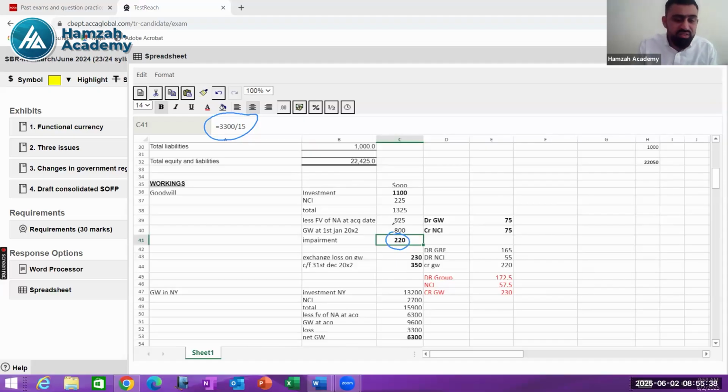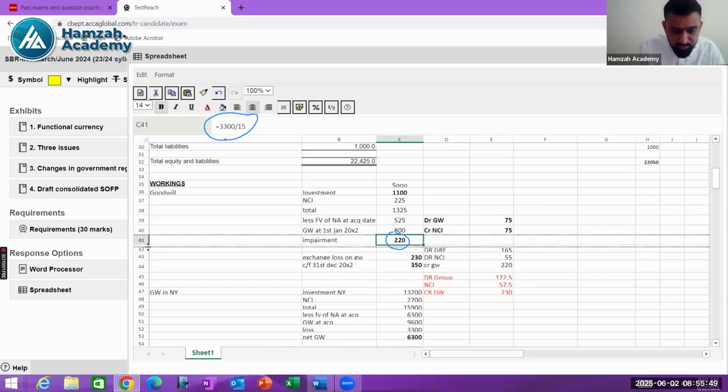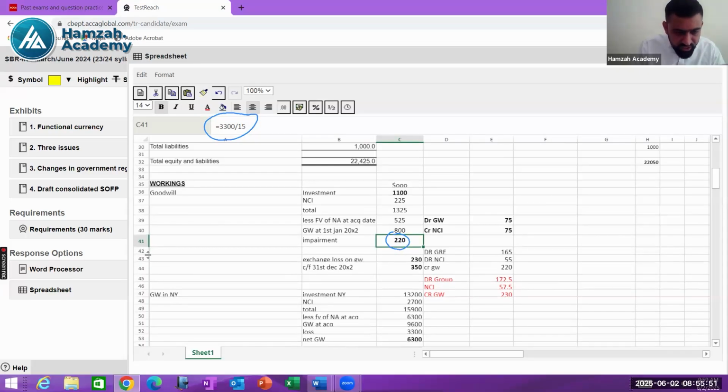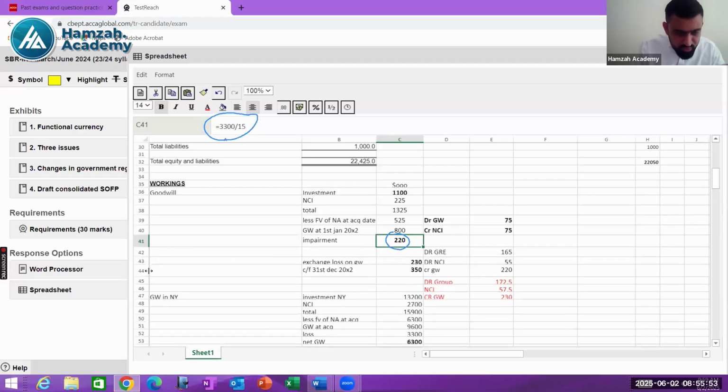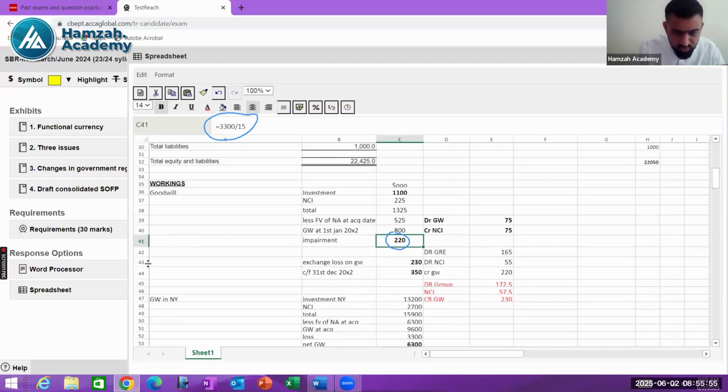And impairment means the goodwill has to be decreased. They didn't record this impairment, and we have to record the impairment, which after translation in dollars is 220.